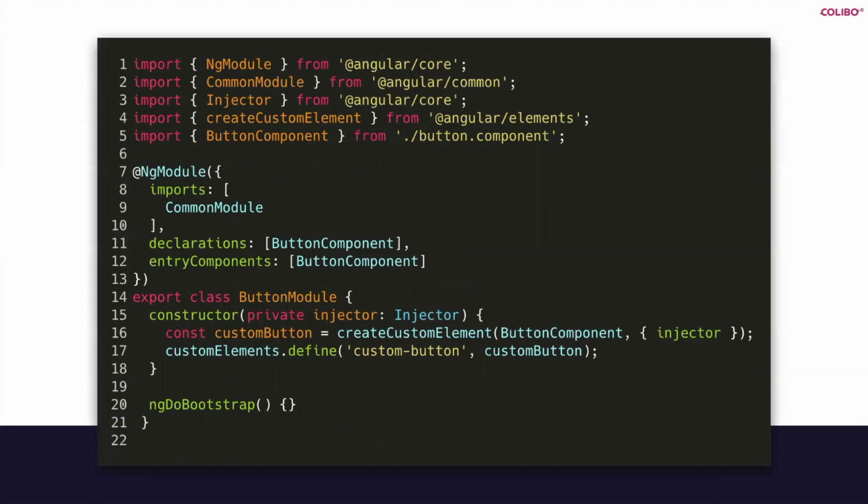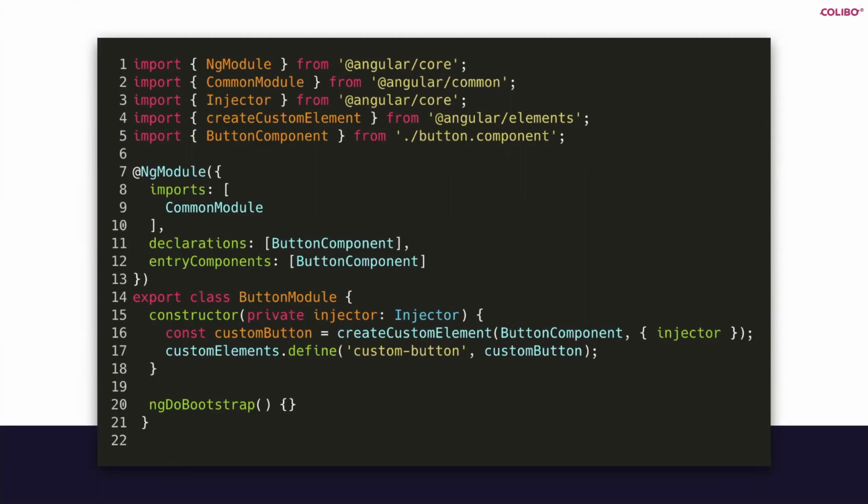The way we then do it is from inside of our Angular module, our ngModule, inside of the constructor, we import a function. At the top, in line 4, we import a special function called createCustomElement that's part of the Angular Elements package that we just added before. And we call that with the Angular component and an instance of the injector.